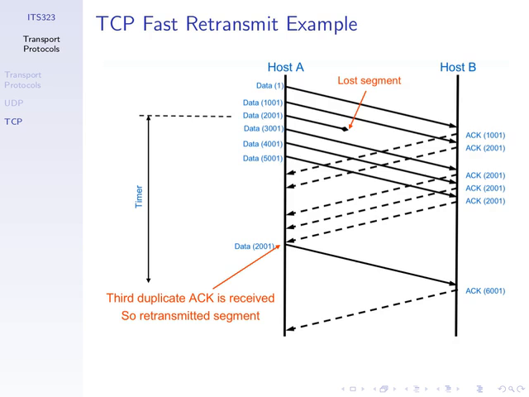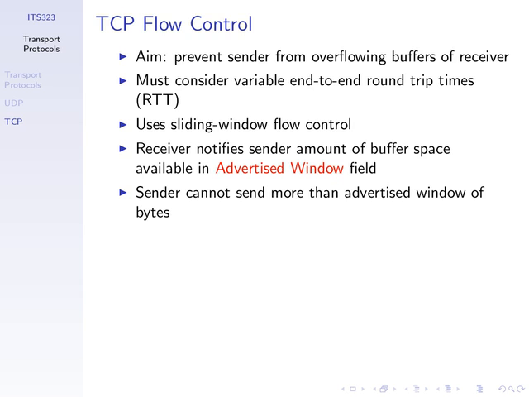With TCP, there's also a mechanism for flow control. The aim is to prevent the sender from overflowing the receiver. It uses the advertised window field, so it uses a windowing mechanism. Similar to some of the mechanisms we've seen with flow control already, but we're not going to go through it. There are some variations upon what we've seen.